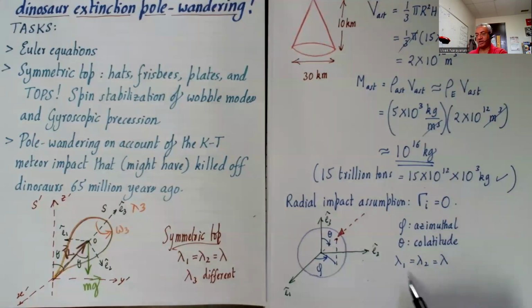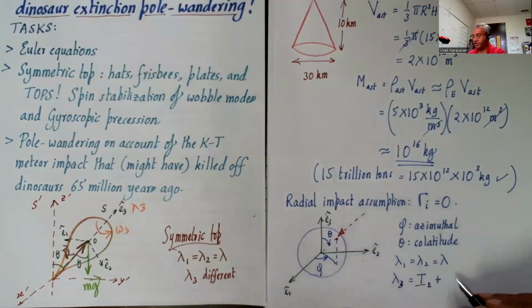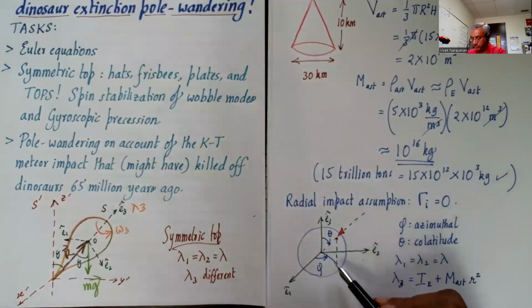So lambda 1 and lambda 2 are lambda, and lambda 3, well, what's lambda 3 going to be? That's going to be the moment of inertia of the Earth about its axis, plus the asteroid, which can be considered a point mass. So the asteroid's moment of inertia contribution is r squared, where r is this distance.